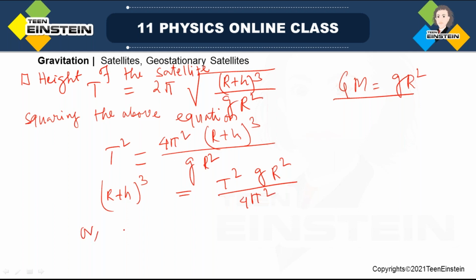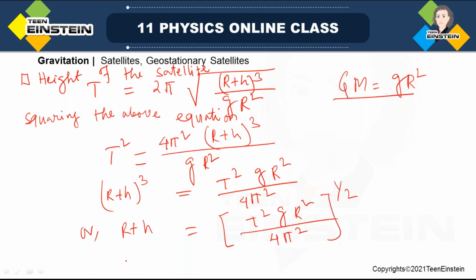Now we have to take the cube root, so it is this whole to the power 1/3, minus r. So this is the expression for the height of the satellite.